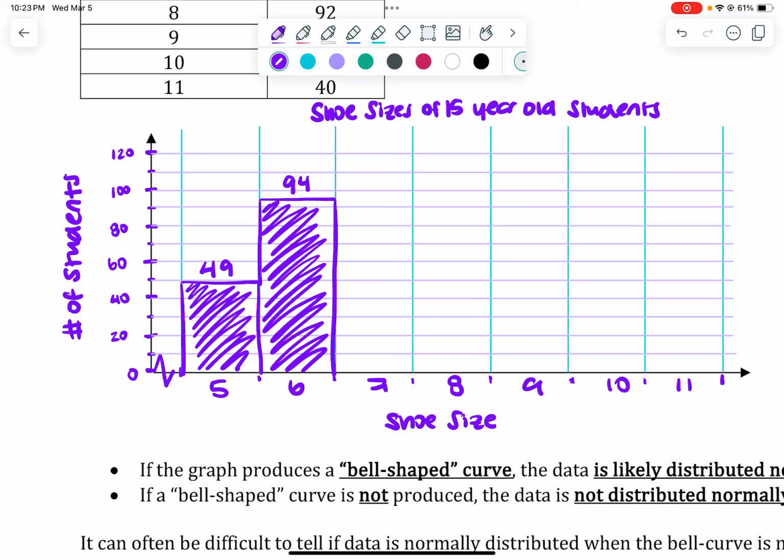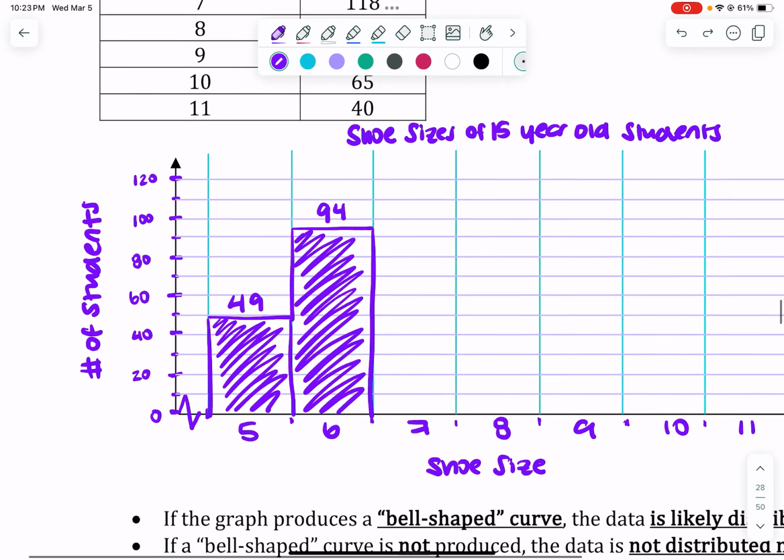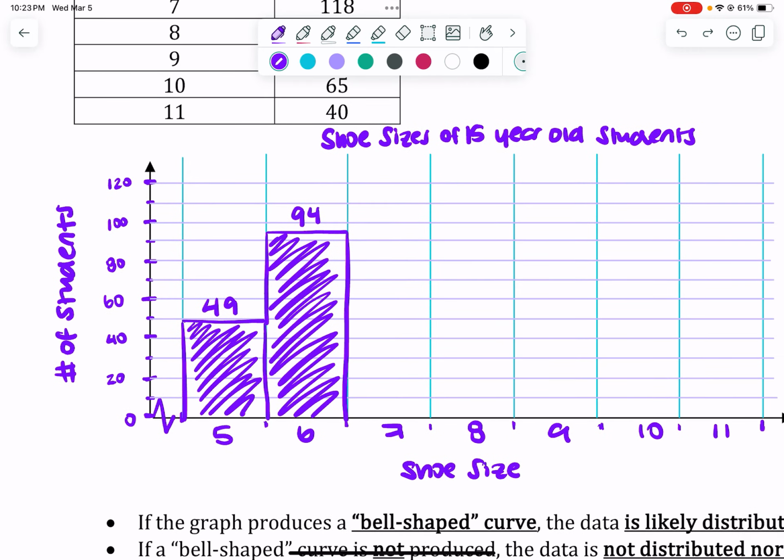So if I have these grid lines here, I should be representing that information accurately. So if I drew that 94 mark way up here, that would be incorrect. Okay? For the shoe size of 7, there's 118, which is really close to 120, but still underneath. And I'm going to label that 118.